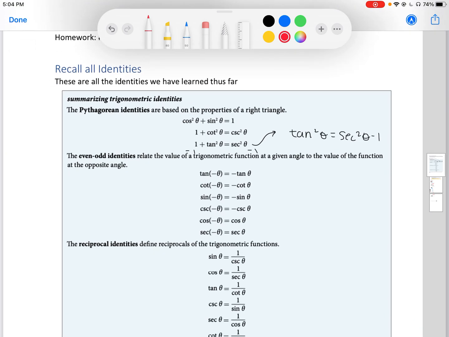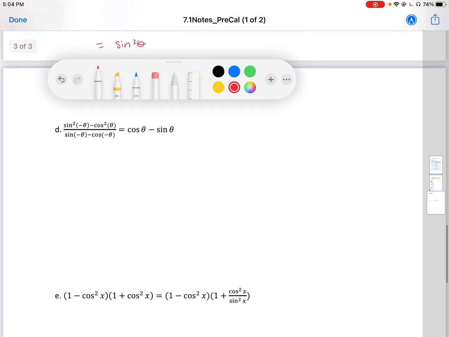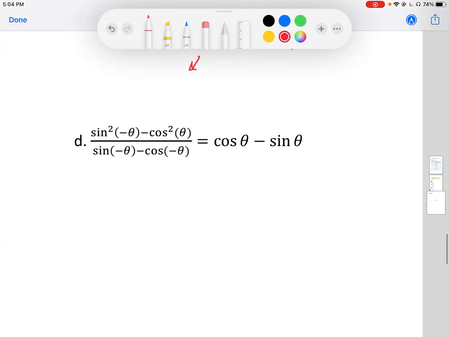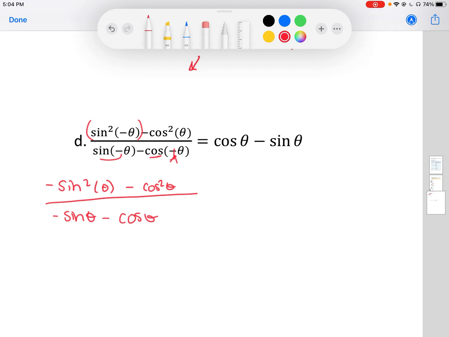You see that for sine, my negative pulls forward, and for cosine, if I have a negative value, it doesn't stay. So the numerator ends up being negative sine squared theta minus cosine squared theta, divided by, I can move this negative forward, negative sine theta, and this negative is going to cross out because it's cosine, so minus cosine theta.